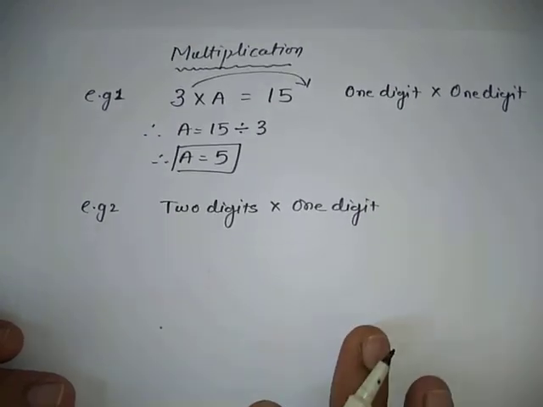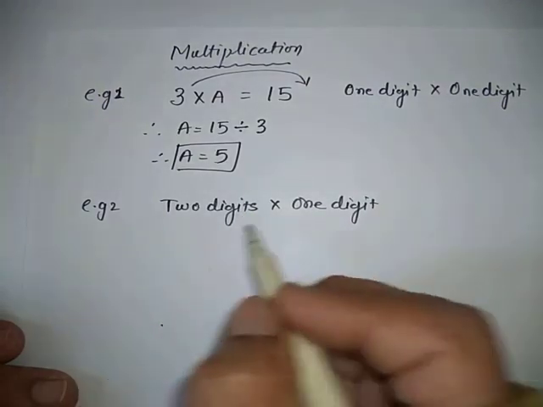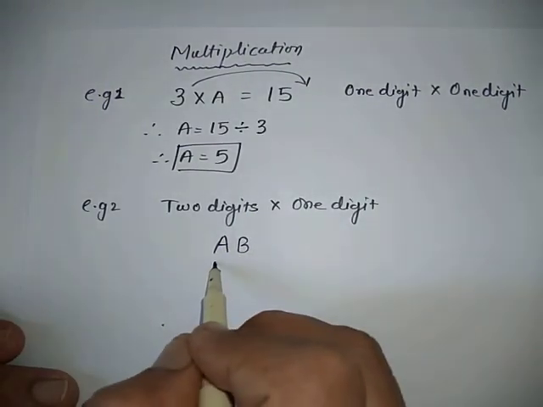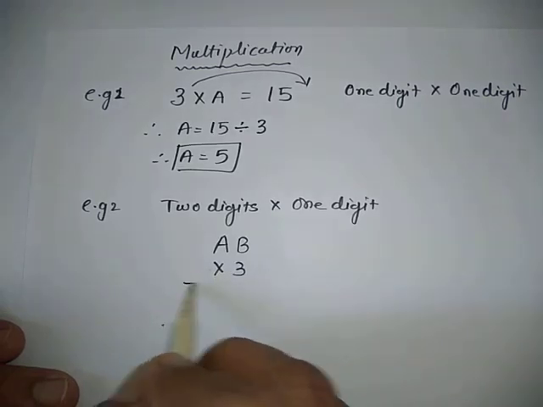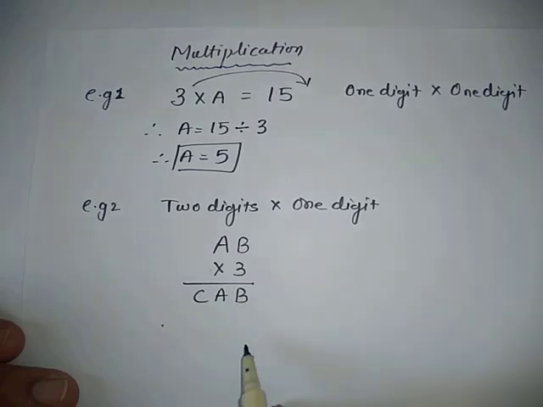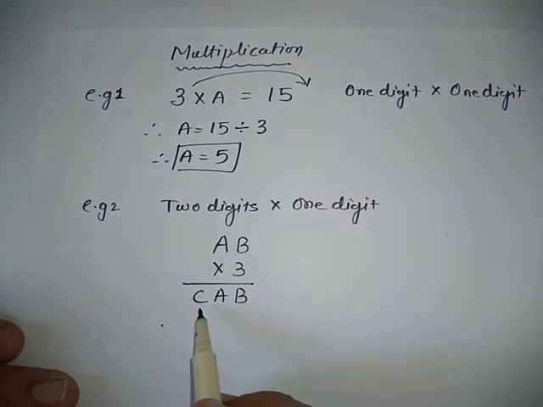Okay, so we can find a known question, that is ab multiplied by 3, and we will get cab. So here we need to find a also, b also, and c also.